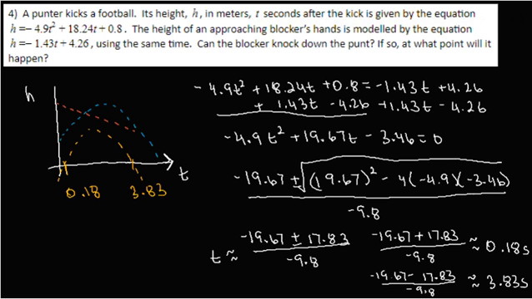Think about it: the punter kicks the ball, the blocker comes in. If he hits the ball at 0.18 seconds, he's not going to hit the ball again at 3.83 seconds. So we have an answer that is mathematically correct, but does not make sense in the situation. So yes, he can block the punt, and that will happen at 0.18 seconds. All right, and that's it for our video.